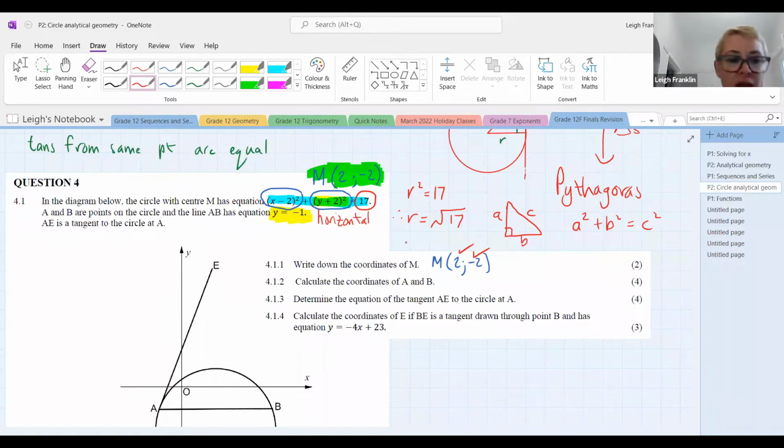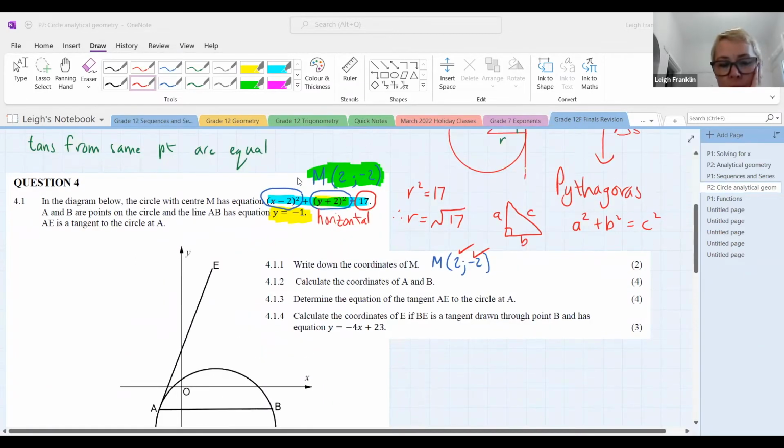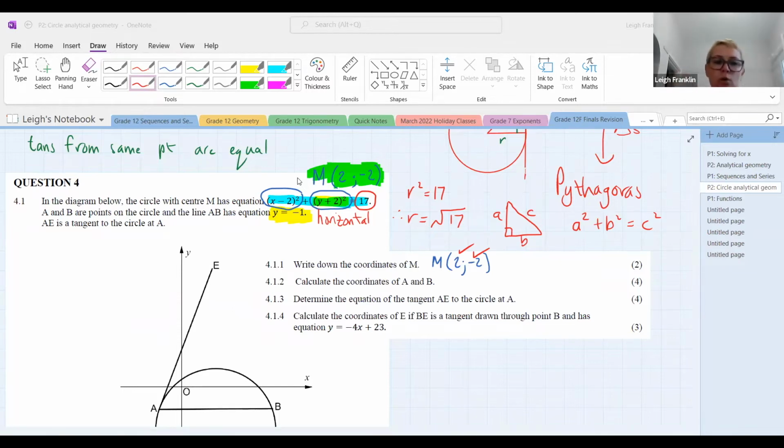Then in question 4.1.2, they ask us to calculate the coordinates of A and B. So A and B are points on the circle, and they both lie on the line y equals -1. So if they want the coordinates of A and B, don't we already know what the y coordinate at A is and what the y coordinate at B is?